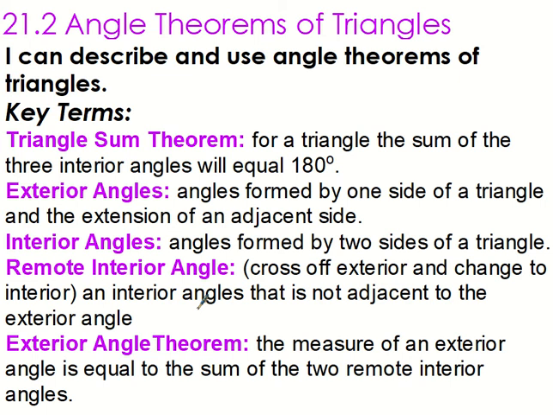And we need that for the last theorem. An exterior angle theorem: the measure of an exterior angle, so an outside angle, is equal to the sum of two remote interior angles. So two angles that are not adjacent, not next to your outside angle.